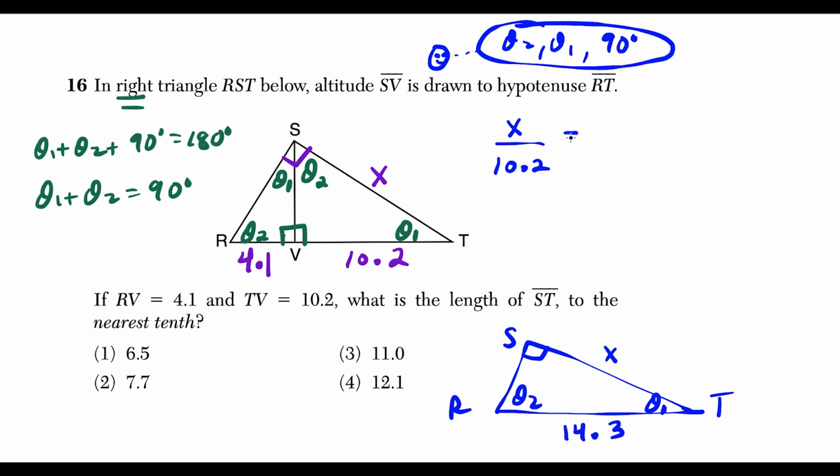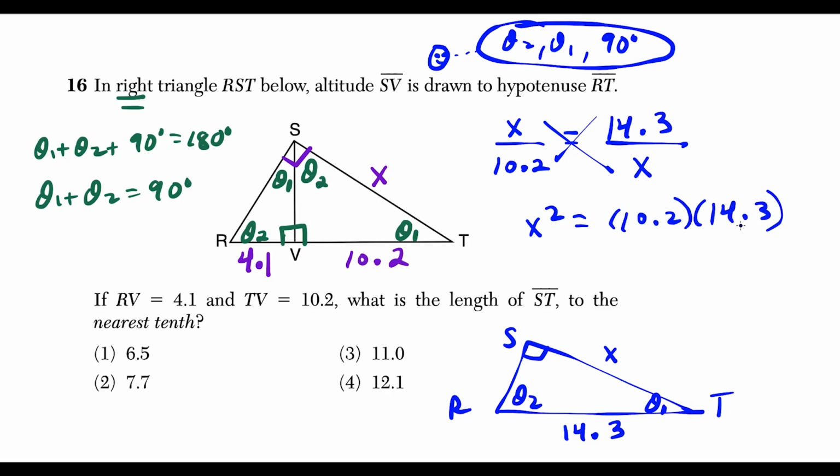So when I have to set up my next ratio, I'm going from theta 2 to theta 1 to 90. So from theta 2 to theta 1 is 14.3, and from theta 1 to 90 is X. And now I could cross multiply here, and this is going to give us X squared equals 10.2 times 14.3.